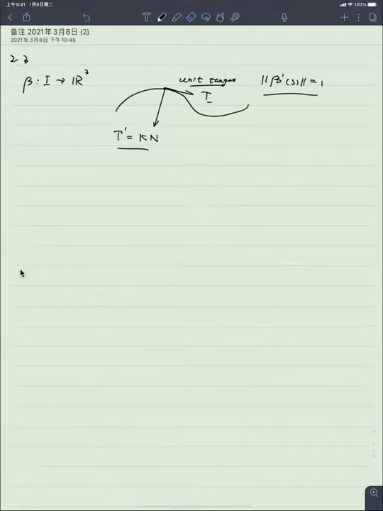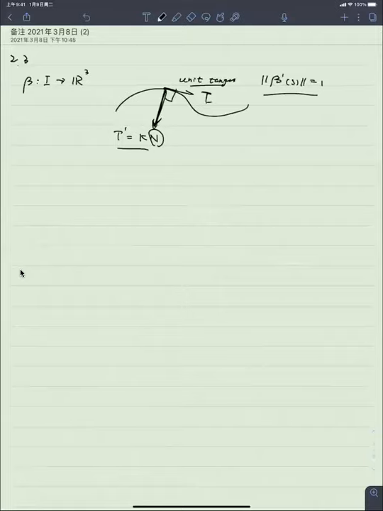If we want N to be a unit vector, we differentiate T and get a vector, and then we want the unit vector in that direction, and that direction must be orthogonal to T. Because T is a unit vector, there is no change in speed; it is constant speed.